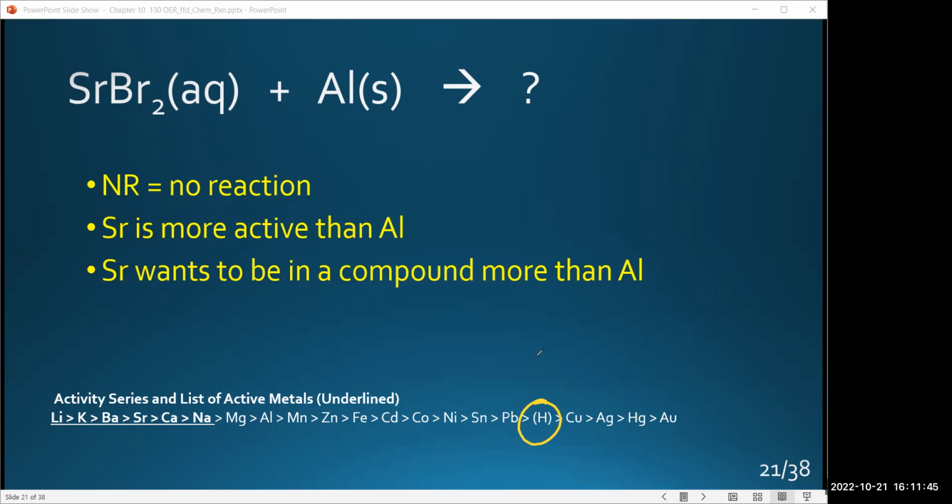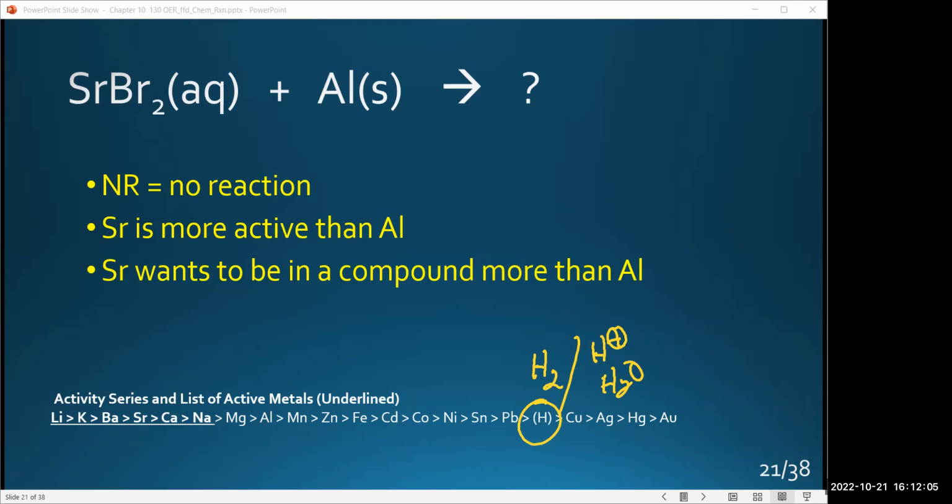The elemental form of hydrogen is H2, and the ionic form of hydrogen is H+, and it could be water, depending on which metal you're working with. So the elemental form is H2, the ionic form is H+.